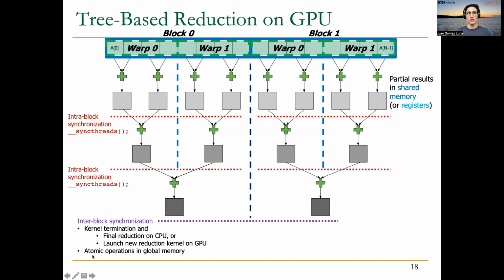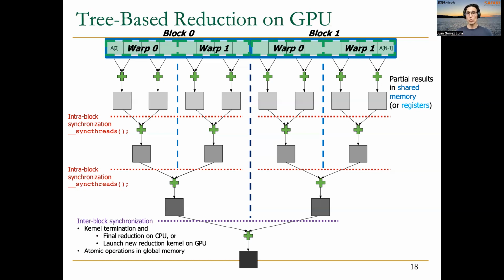Or the last possibility is to use atomic operations in global memory. Basically, we would have one thread in each block take the per-block partial result and accumulate it to some atomic variable in global memory using atomic operations. Any of these three possibilities would end up resulting in the final reduction result.